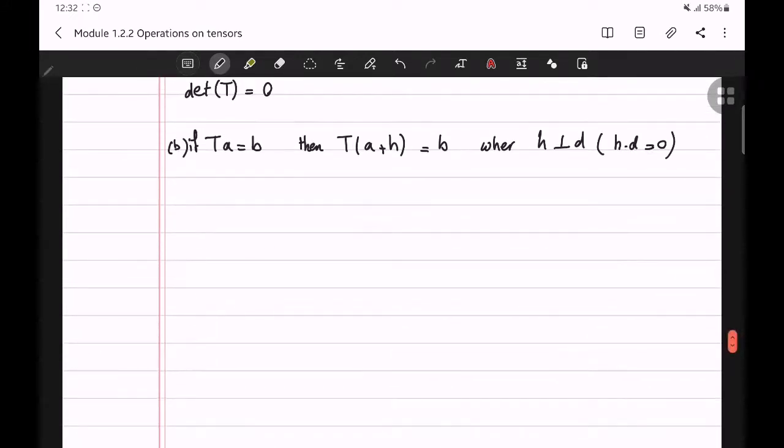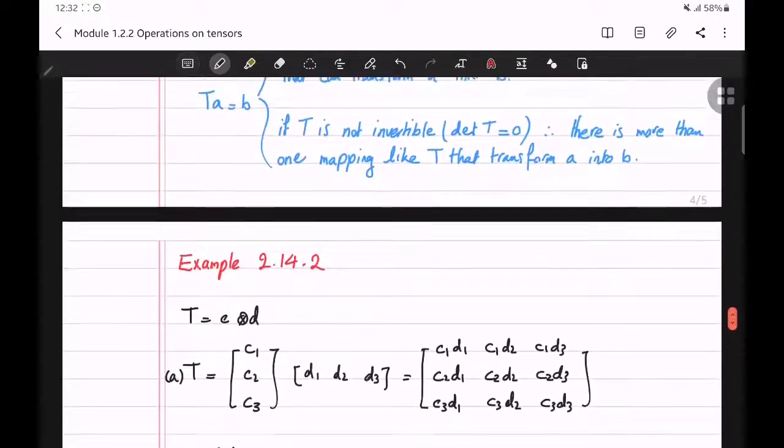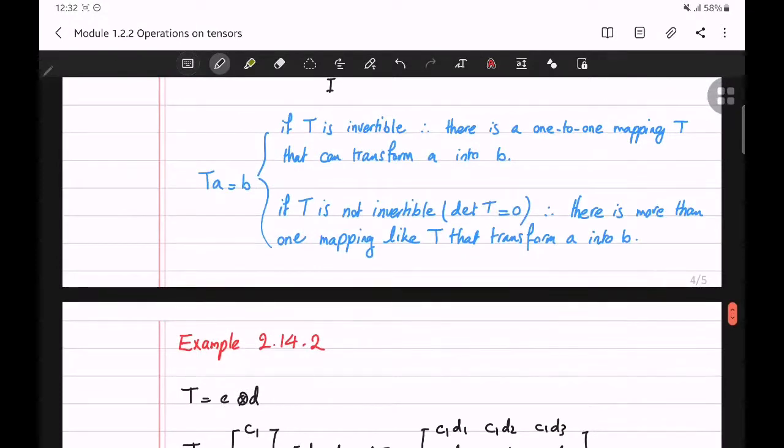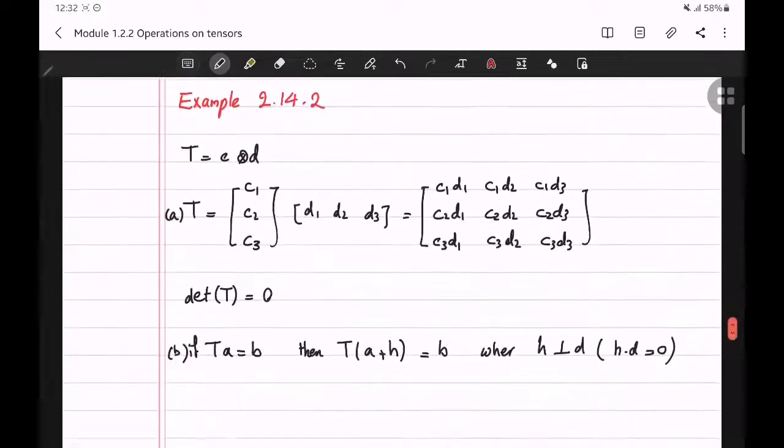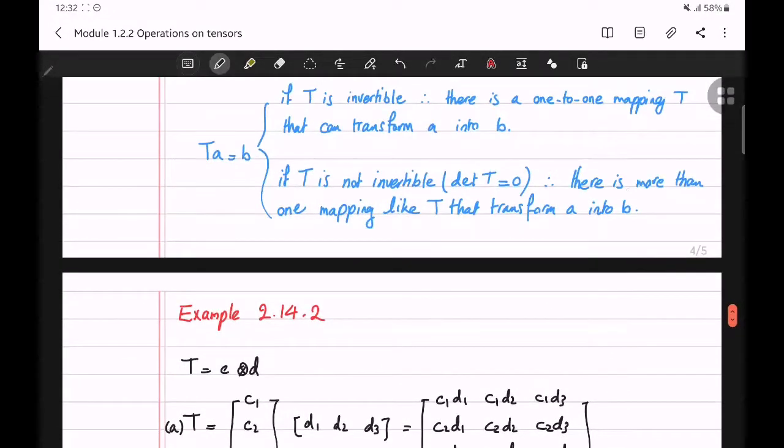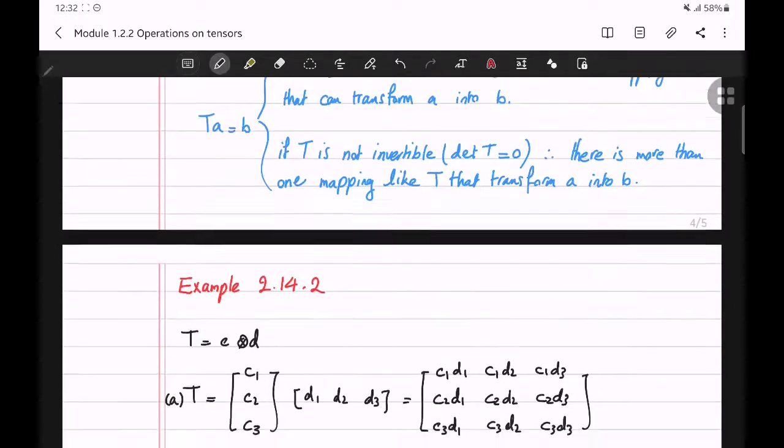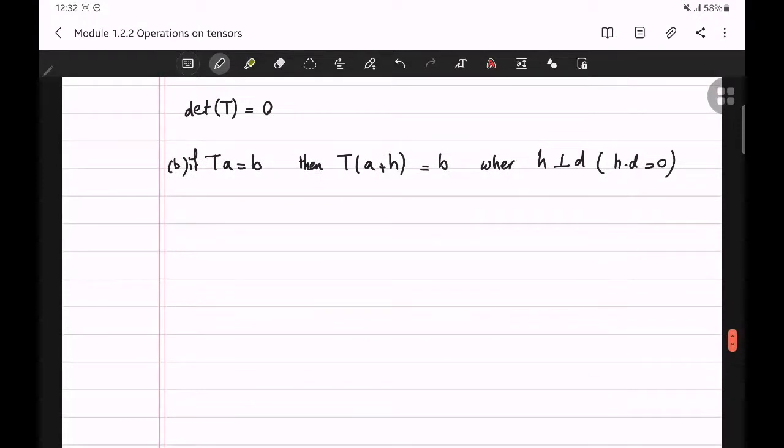So here we're actually going to discuss this topic, that if T is invertible, there's only a 1-to-1 mapping. But if T is not invertible, like the case we had here, the determinant is 0, therefore we have more than one mapping that can transform A into B. So we start from T times (A plus h).